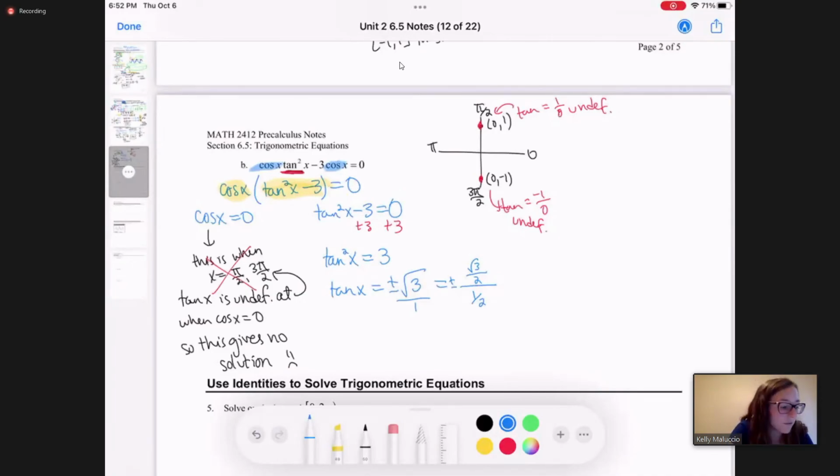What's kind of cool about this is that we want root 3 over 2 in the top. This is sine x over cosine x. I'm just trying to find where these points are. It's going to be here, here, here, and here.